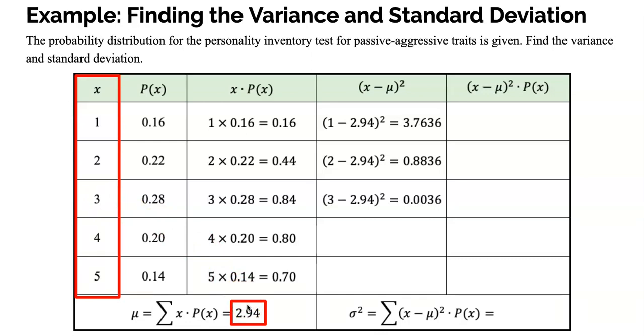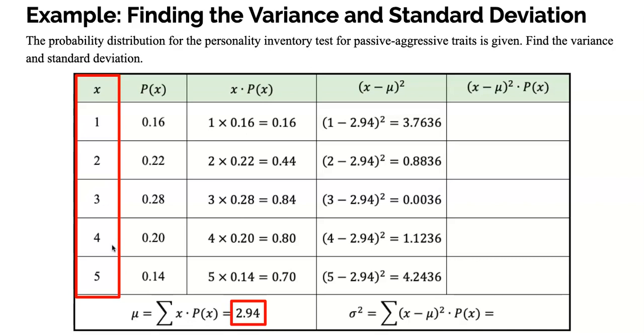One of the questions that you answered for me on test 1 was which one of these values never comes out to be negative, and the answer was standard deviation or variance, because take a look, we're squaring all these, we're getting rid of these negative signs. All right, next box, 4 minus 2.94, and if you square that, you will get 1.1236. The last one, 5 minus 2.94, if you square that, you will get 4.2436.